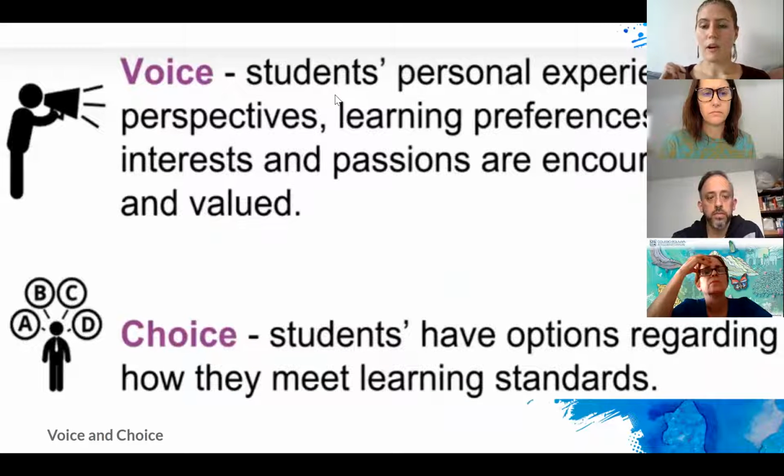So that might be like, okay, we're going to learn about materials. What materials do you have in your real life? What are your preferences? And then choice might be, how do you want to show it? How do you want to show me that you know? So choice involves providing options in maybe how that learning is shown or what the assessment looks like. And voice provides an element of their personal expression or their interest or their preferences coming through in what they're learning.